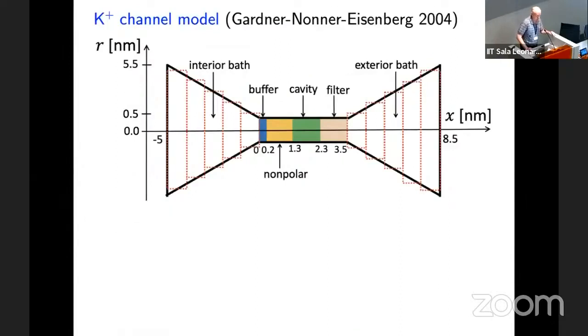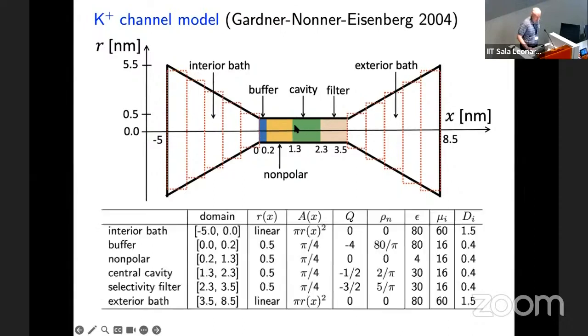Now, this was a more interesting example from another paper, where they did a simulation using a finite difference scheme of such a K plus channel model. There's an interior, exterior bath, and then there are 5 regions over here, and each of those domains has different fixed charge density.